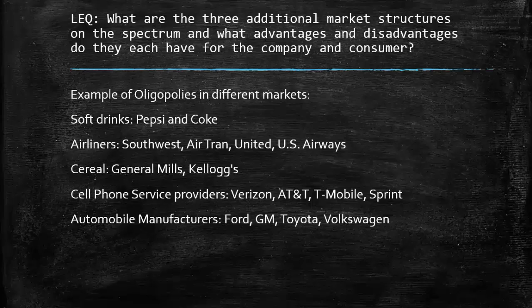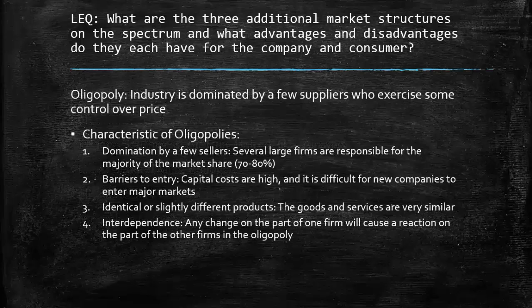If you buy cereal, chances are it's made by General Mills or Kellogg's. Cell phone service providers, Verizon, AT&T, T-Mobile, and Sprint. If you get a cell phone, those are your options. That is simply a few. And also we have automobile manufacturers, Ford, General Motors, Toyota, Volkswagen. These are all examples of oligopolies because they fit these 4 characteristics.